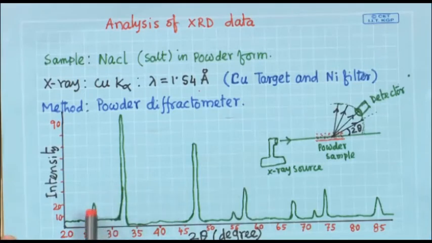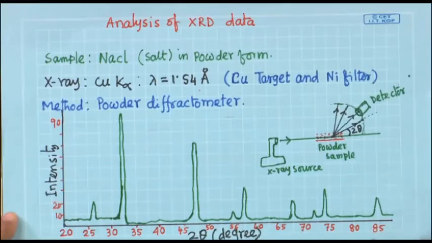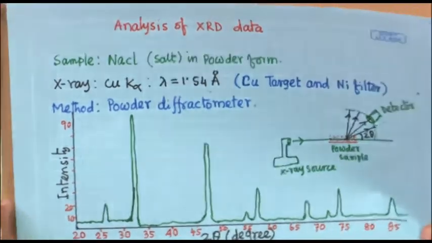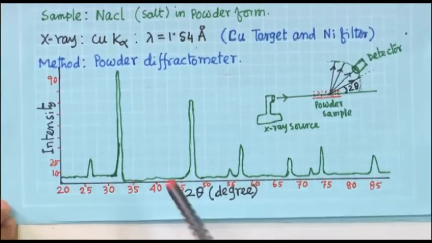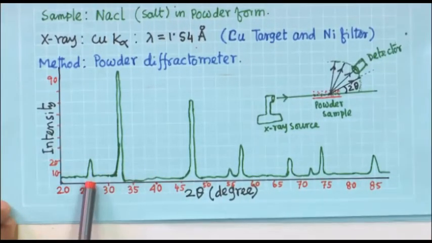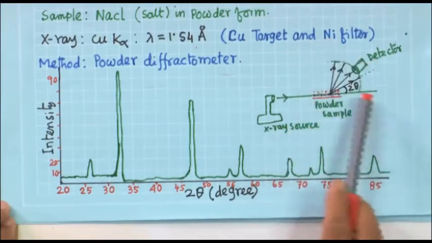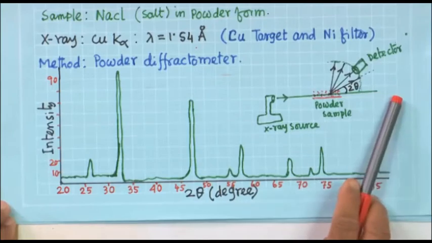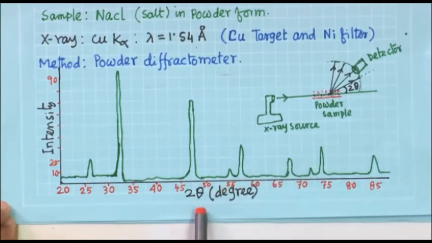The peak position is in terms of angle 2 theta, which is the detector angle with respect to the incident direction of the X-ray. Generally we plot intensity versus 2 theta.